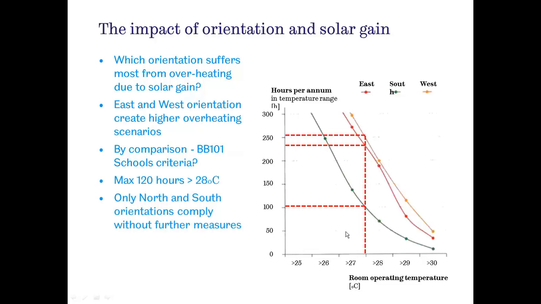Okay, so on the south facade we would be below that for 100 hours, which is compliant. But on the east and the west, we are already exceeding the number of hours that we are allowed. So it's telling you that that building would need some kind of device to control that overheating on the east and the west.